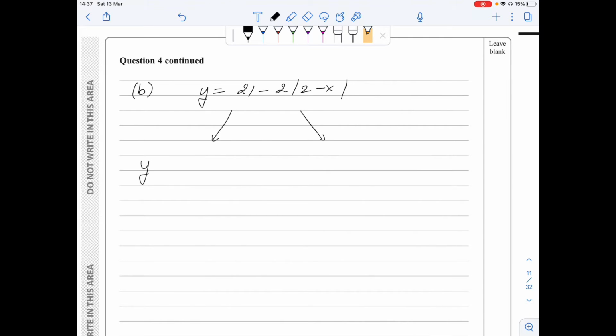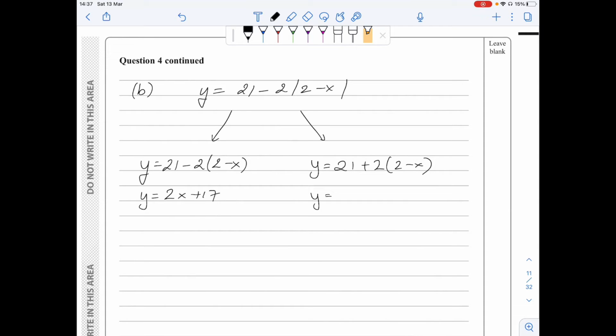One of them is y equals 21 minus 2 brackets 2 minus x. I can simplify this one as y equals 2x plus 17, and the other one is y equals 21 minus, so it becomes a plus, 2 minus x.